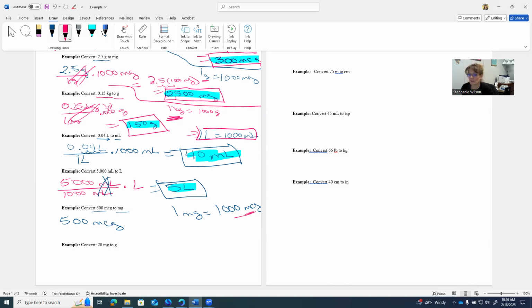Well, here's our microgram, so that's the part we need to divide by. We're going to times it by 1 milligram. And if you notice, our micrograms reduced. That's what we wanted. We got 500 divided by 1,000, which is a half milligram, which we write as 0.5 milligrams.